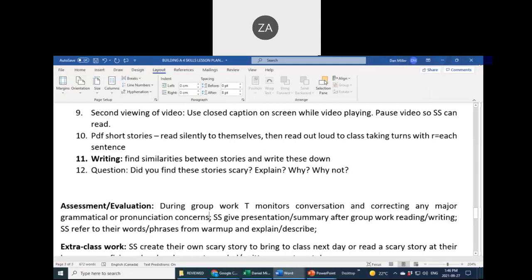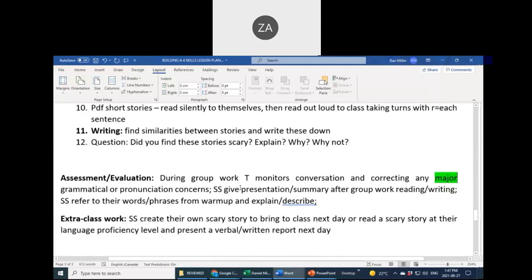They're interacting with each other. What is it we want them to be doing? To be able to communicate fluently. Exactly. So that's why I inserted the word major here, because if they have some minor grammatical or pronunciation concerns, then I would let those go, because you might be stopping them constantly throughout the session otherwise.